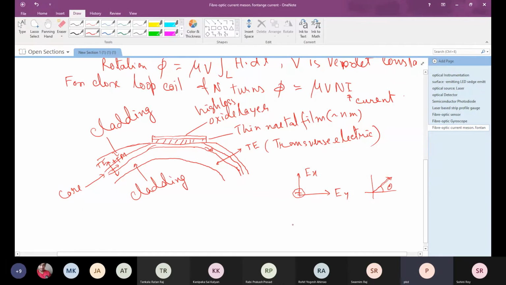So if I have light polarized at 45 degrees, and then I have another polarizer aligned like this, then the light coming out here should ideally be zero.